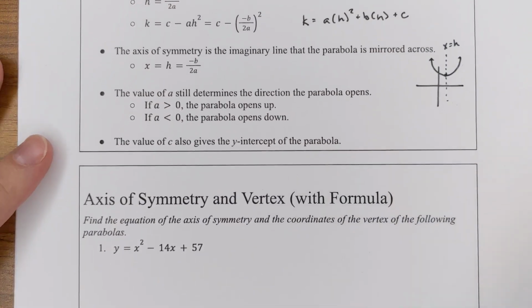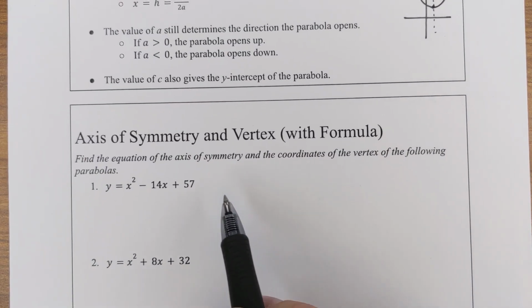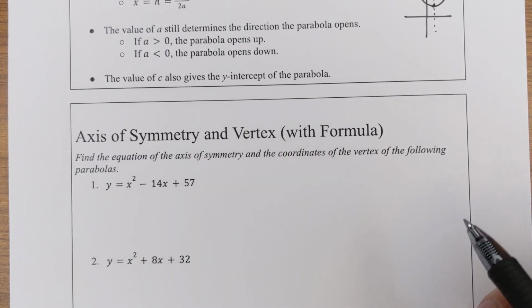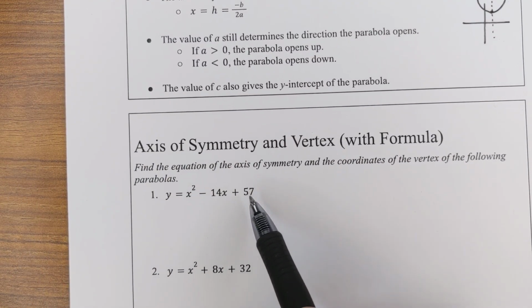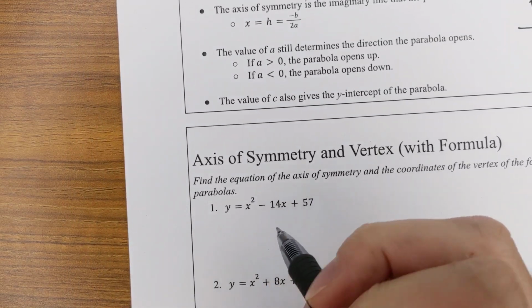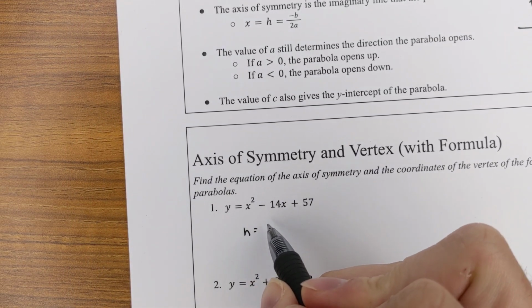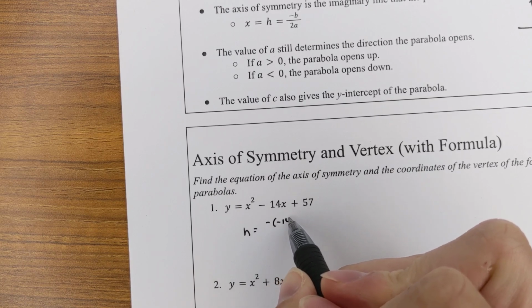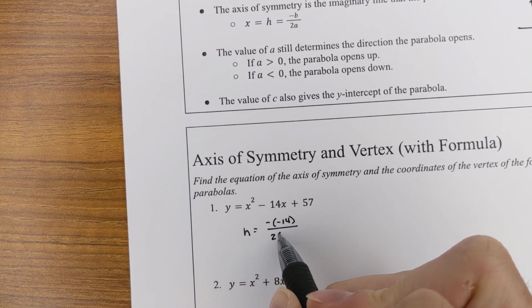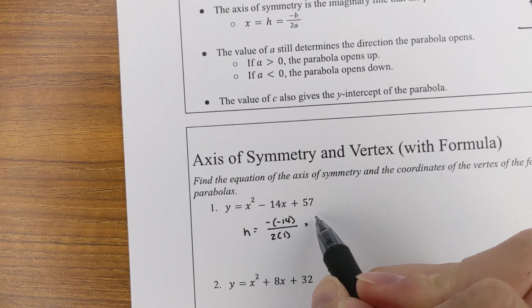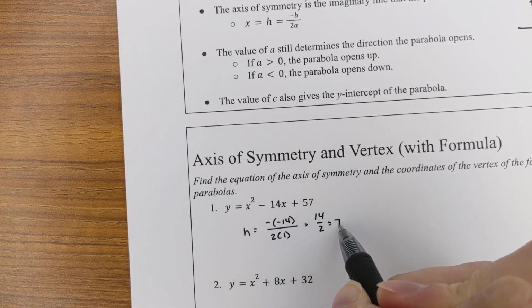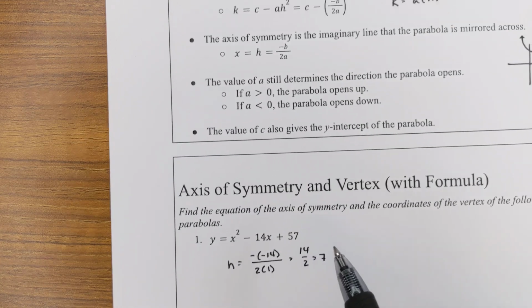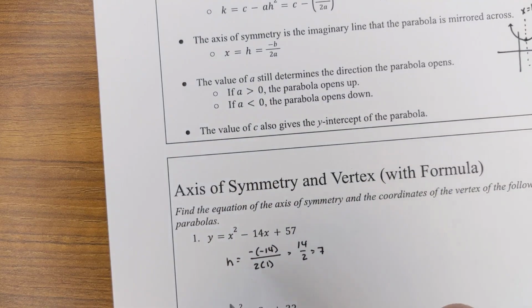Okay, so down here, find the axis of symmetry and the coordinates of the vertex for the following parabolas. First, x squared minus 14x plus 57. To find the value for h, it's going to be negative b, so b is negative 14, over 2a, which is 2 times 1. So that's 14 over 2, and the h value would be 7. I'm going to use this k equals equation.